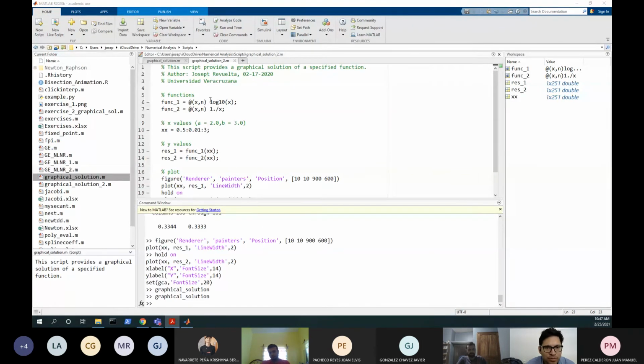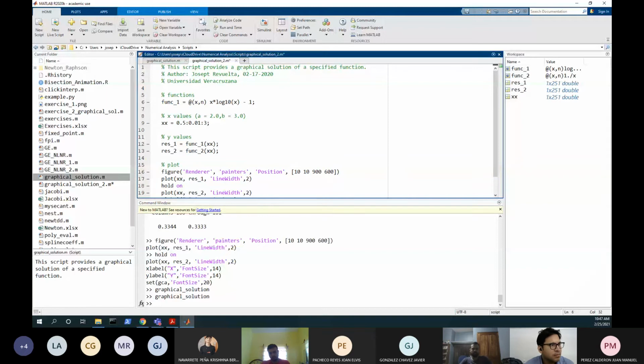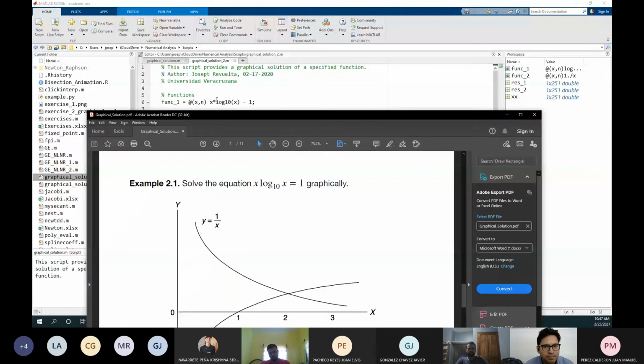So what I do is just do x times minus 1. And then this is the function. Is this function the same? Yes, right, because it's equal to 0. I just took actually x times log base 10 of x, and then I just put this on the left side of the equation, and it's equivalent.